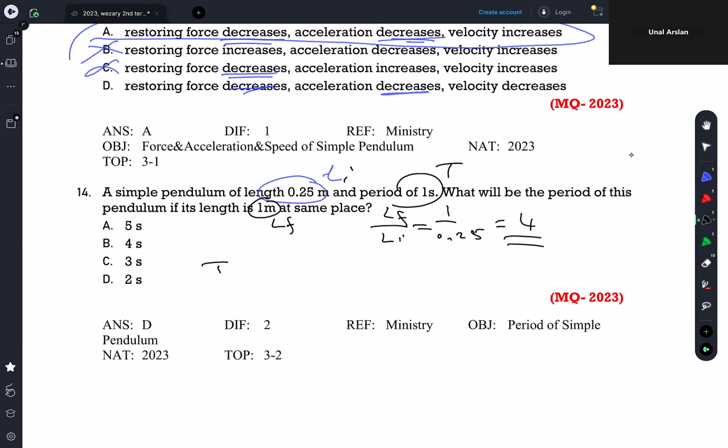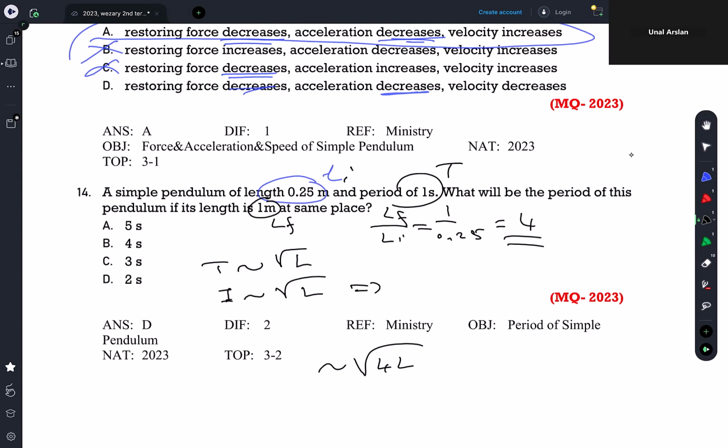And we know that period is proportional to the root of length. So the initial period is 1. I know 1 is equal to root of L, but if length increases by 4, then it is root of 4L.